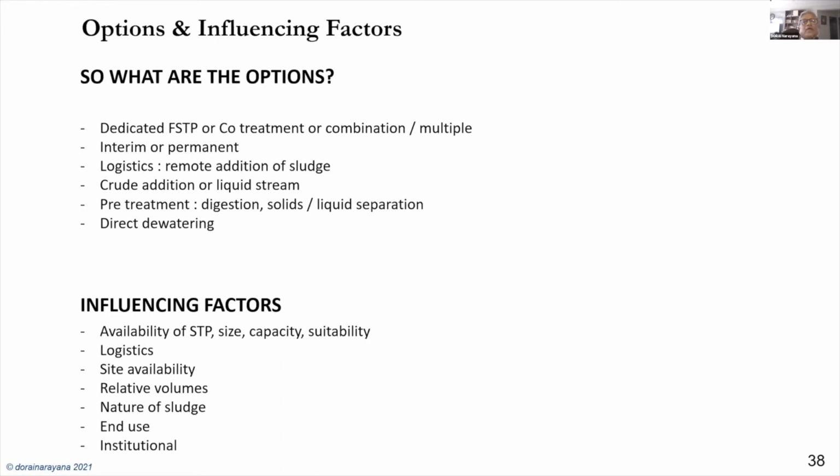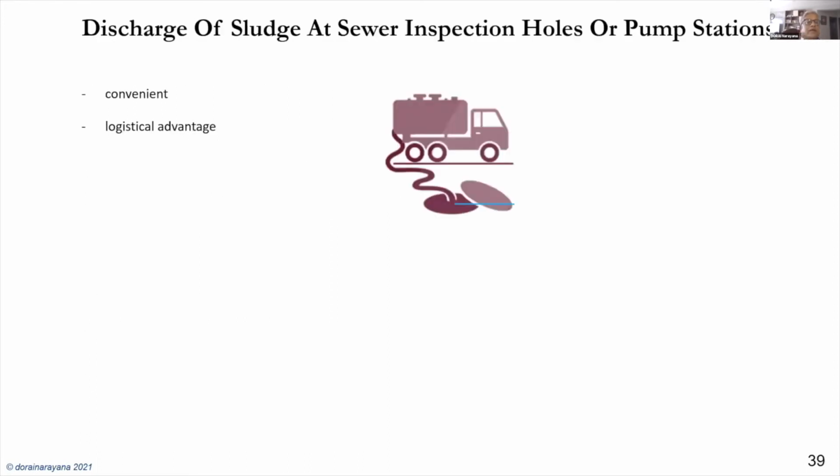And therefore, the person running the sewage treatment plant is reluctant to allow fecal sludge or septage to be co-treated in the STP because they don't want to take that risk. It is not their jurisdiction. But if the same institution is doing both, then it becomes much easier. So you'll find that institutional conflicts sometimes prevent co-treatment from being done. It's one factor to be considered.